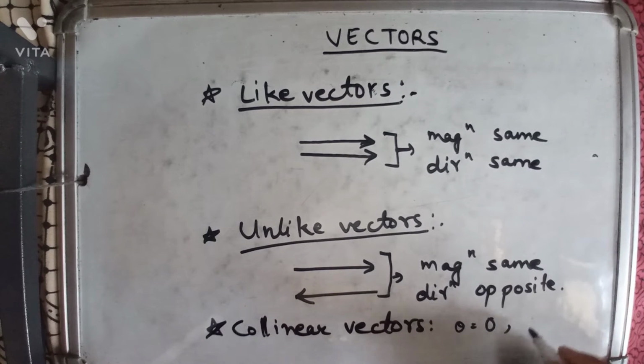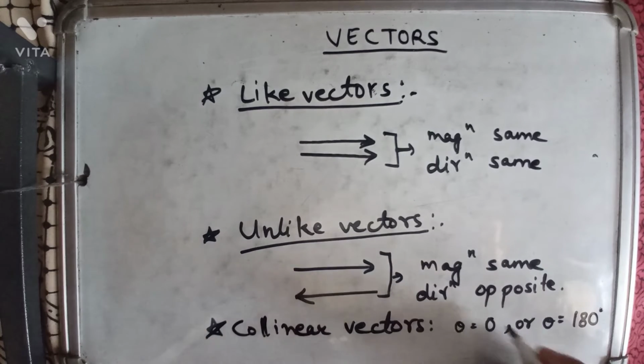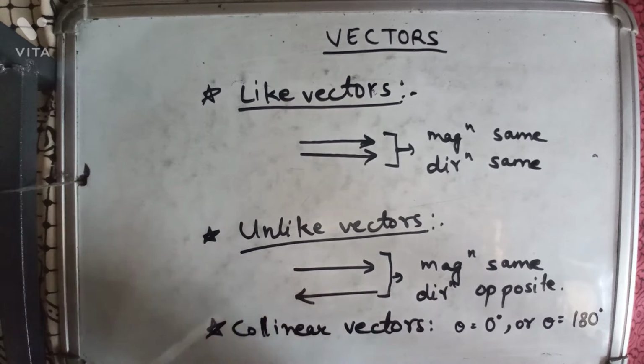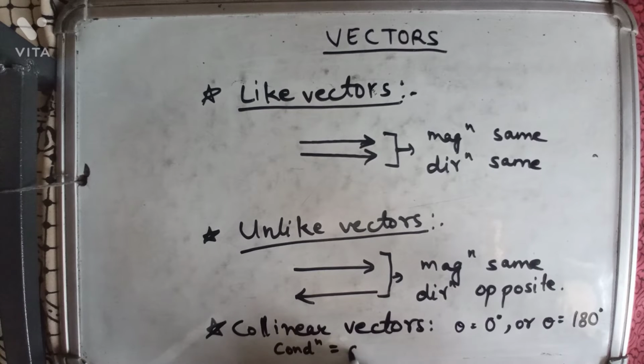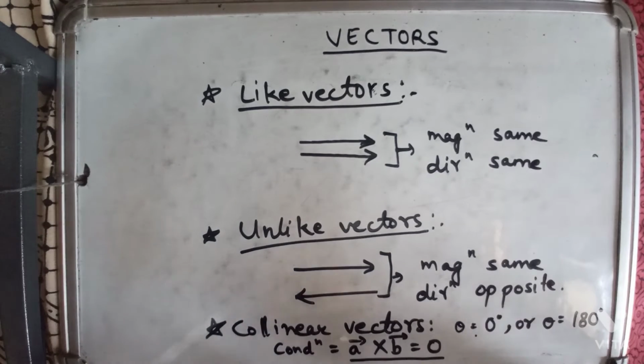Theta will be 0, or theta can be equal to 180 degrees. The condition for collinearity is that A cross B should be 0, because A cross B means magnitude of A times magnitude of B multiplied with sine theta, and theta is 0 in this case, or 180. So sine 0 or sine 180 is equal to 0. So the condition is this, if these two are collinear vectors.